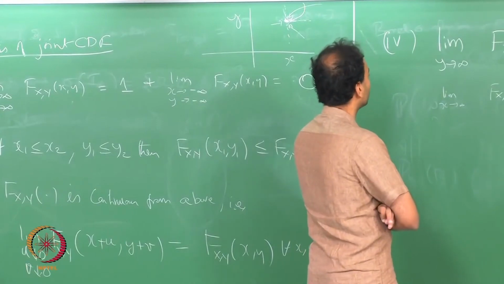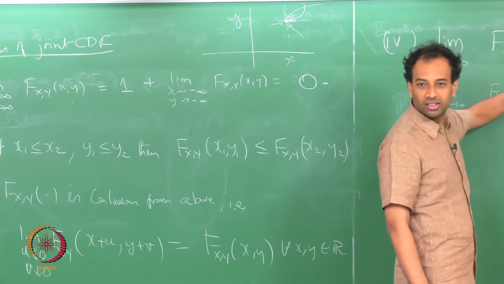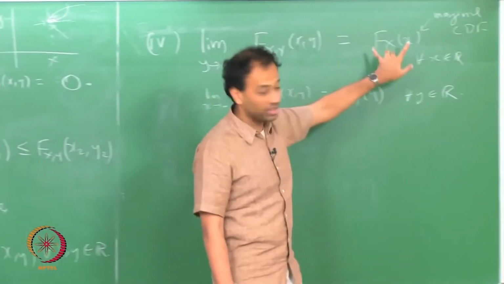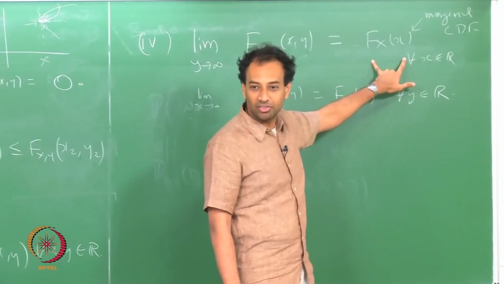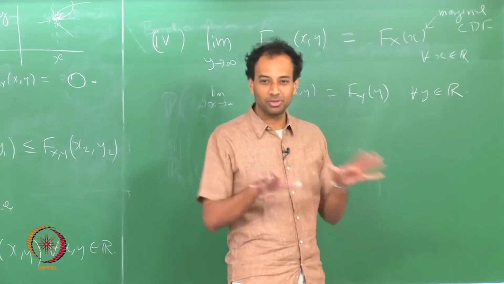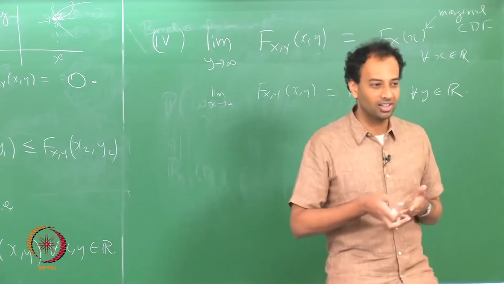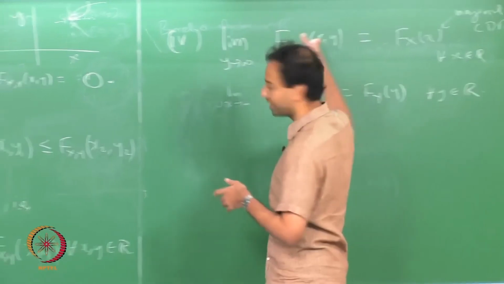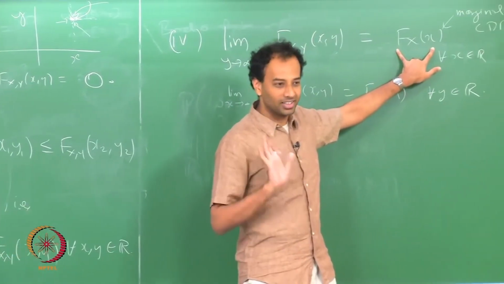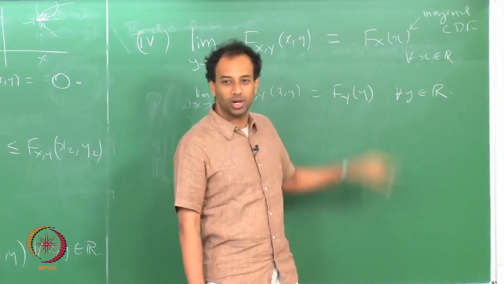What this is saying is that if you send one of the arguments in the joint CDF to infinity, the function you get will be a function of the other variable, and that function will be your marginal CDF. The marginal CDF is nothing but the CDF of x, except when you have two variables, you call the CDF of one of them a marginal and call this the joint. This is your familiar old CDF of x, the probability that X is less than or equal to x. Similarly, this is the probability that Y is less than or equal to little y.